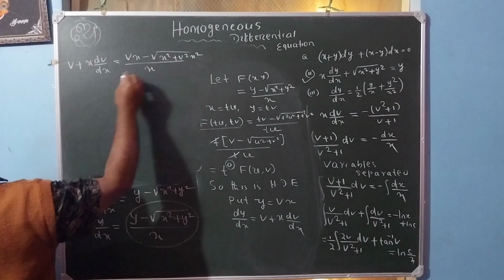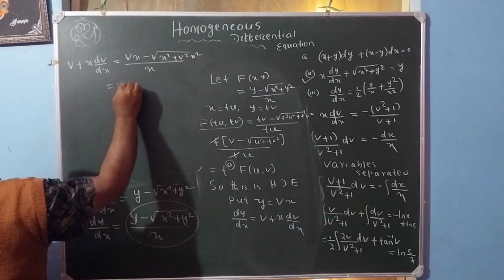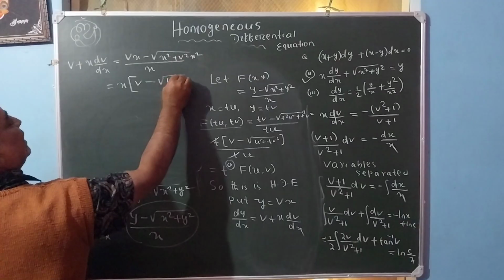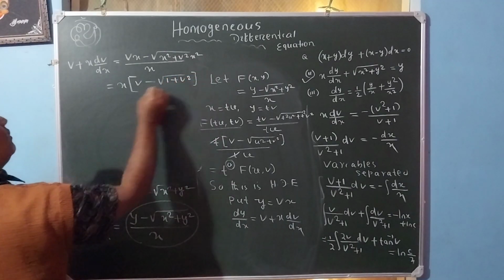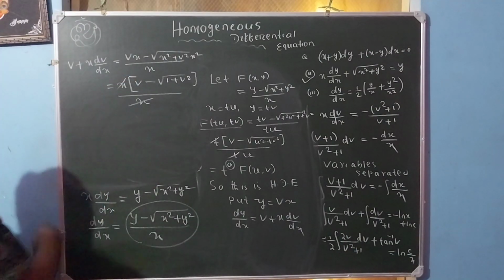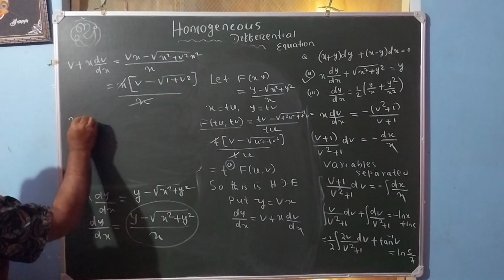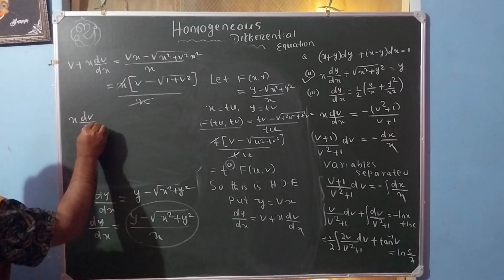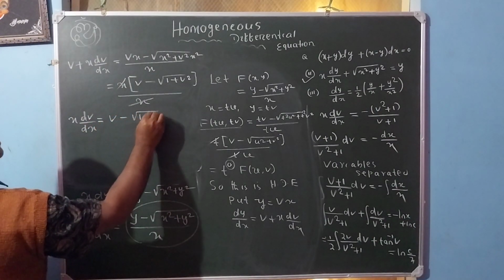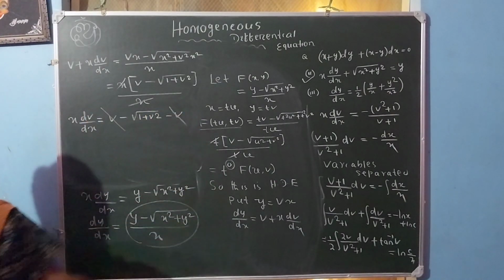Taking x square common, x comes out directly, v minus root of 1 plus v square. So here x cancels. This v will go to that side. So x dv by dx is equal to v minus root of 1 plus v square minus v. So this v minus v cancels.